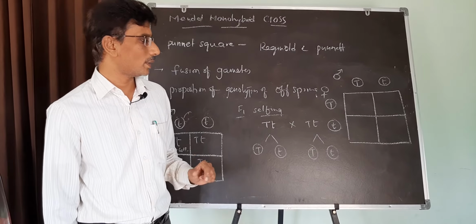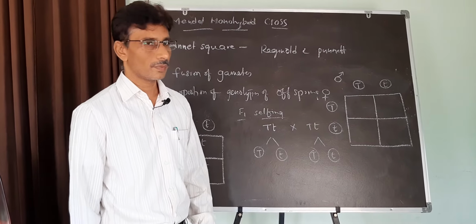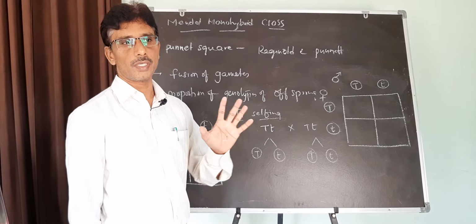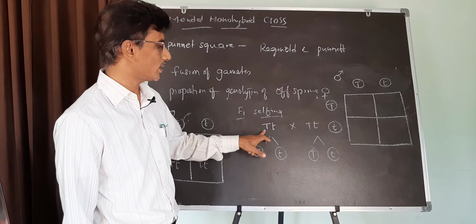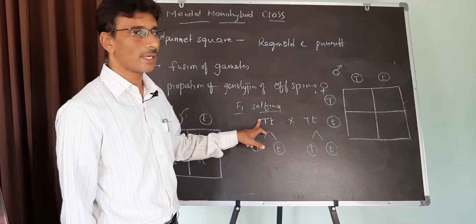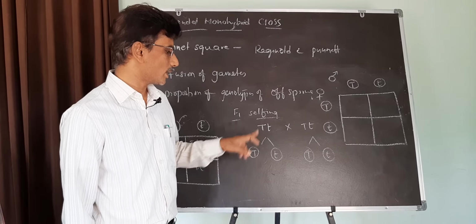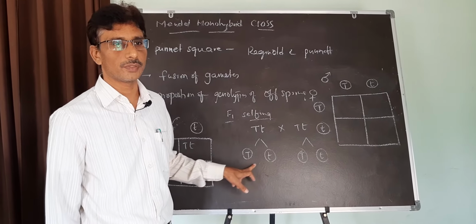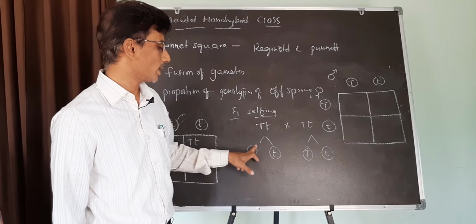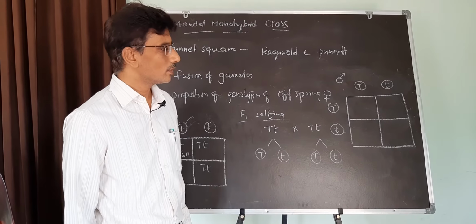Very important point here. The homozygous plant is able to produce only one type of gametes, or gametes with only one type of alleles, the same alleles. But in heterozygous plants, the F1 plants which are heterozygous already, these F1 heterozygous plants produce two types of gametes, with two alleles. The genotype may be either capital T or small t.